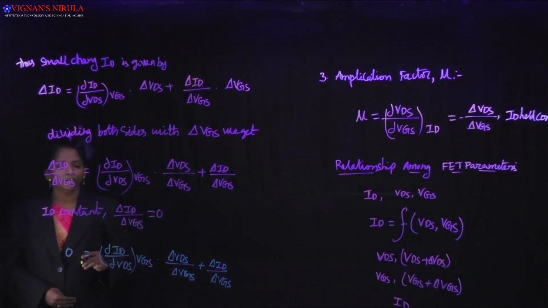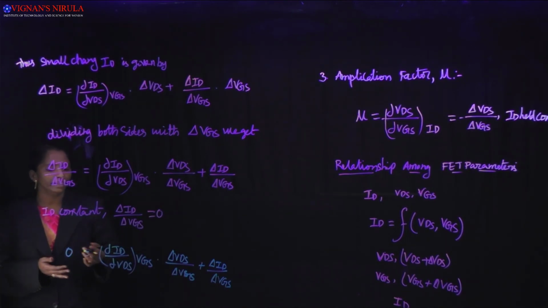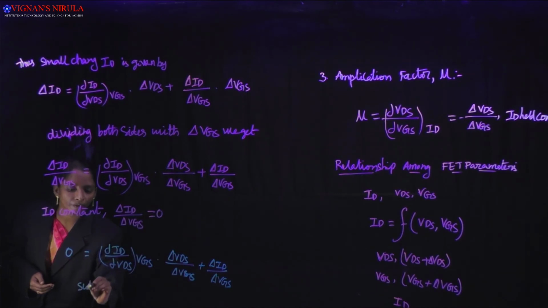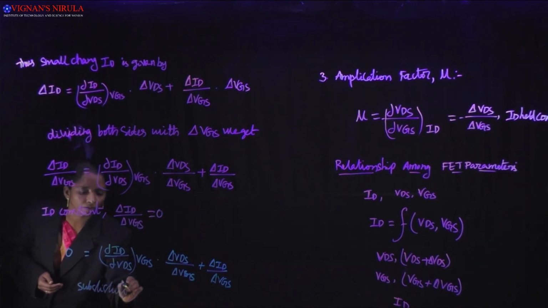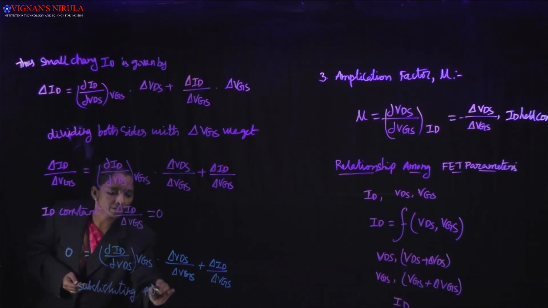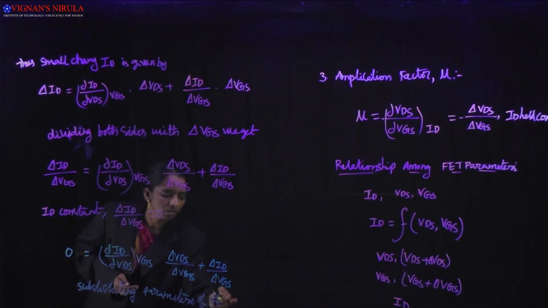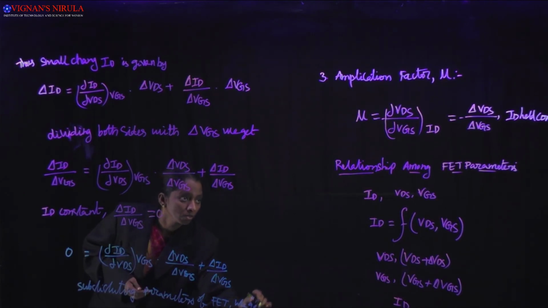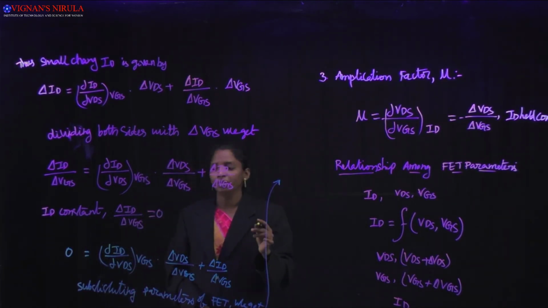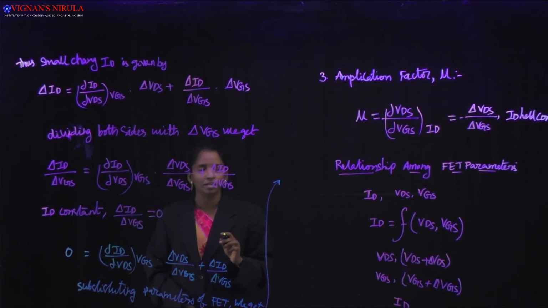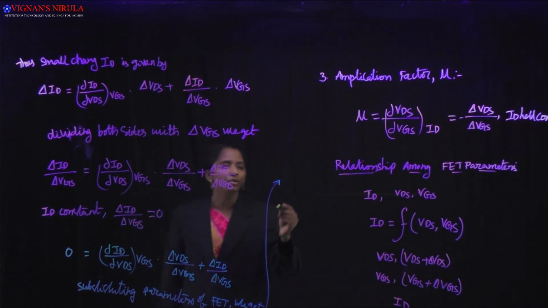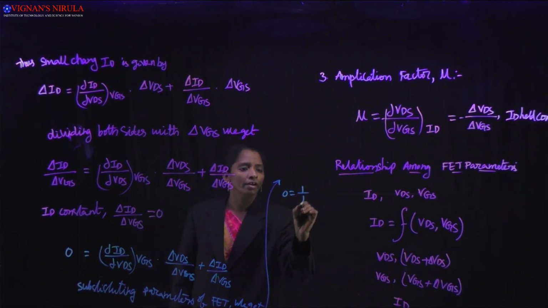Now substituting the parameters of the FET in this equation, we know dou ID divided by dou VDS is the reciprocal of resistance, since resistance is VDS by ID but here we have ID divided by VDS. So we can substitute 1 by RD.